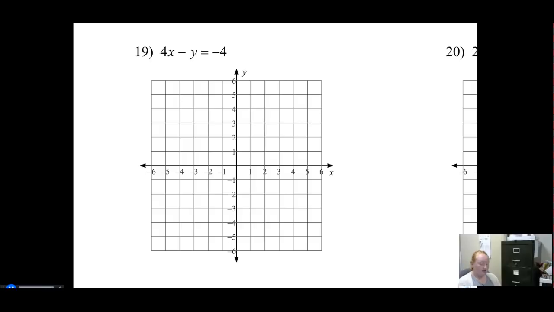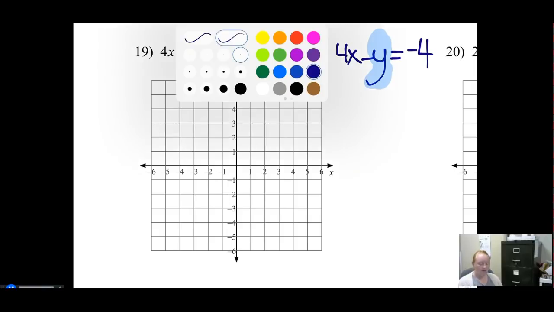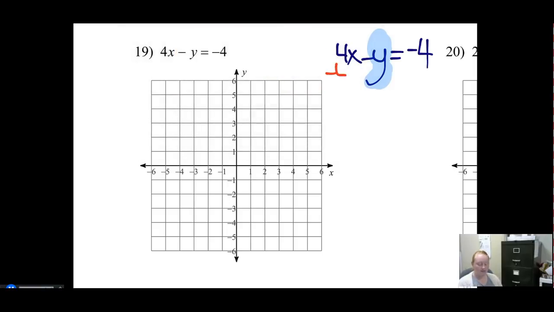Here, people like to do this a couple of different ways, so I'll show you both. For me, Miss Dorker, I like to put this in y equals mx plus b form by getting y by itself. I move the 4x by subtracting it to the other side. When I do this, I have to rewrite it so that the x comes first.